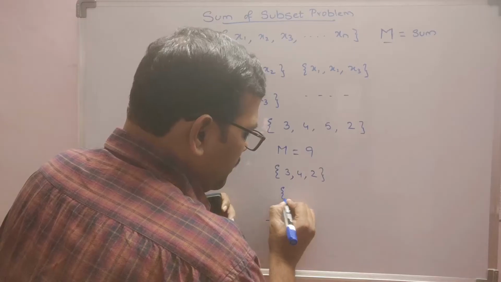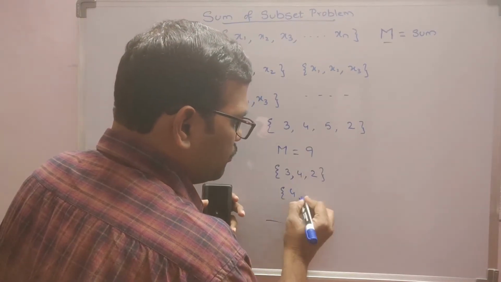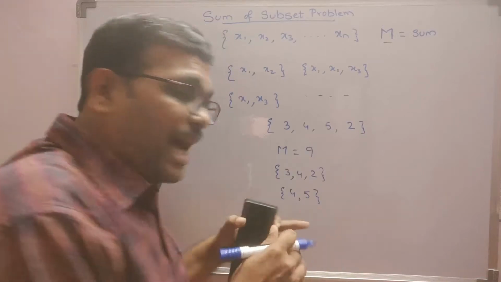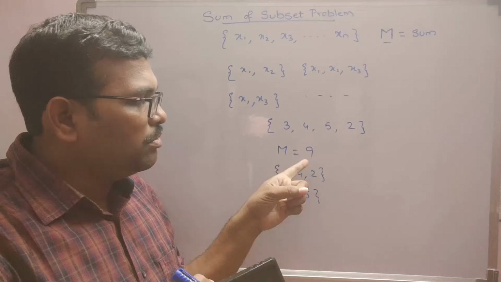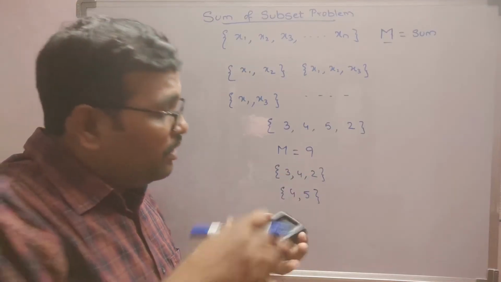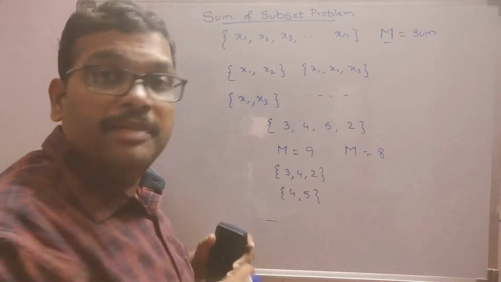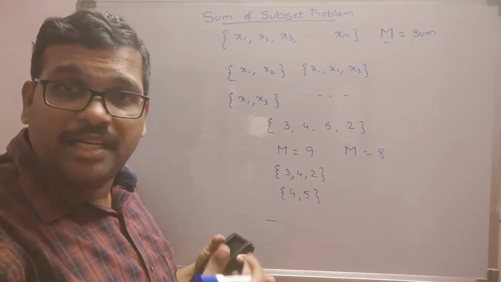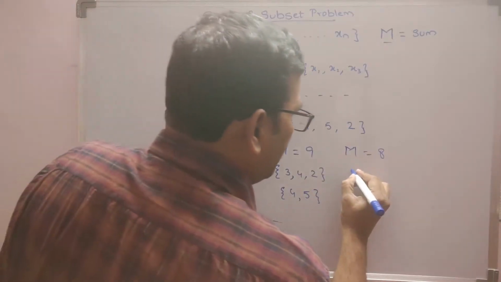Similarly, 4 comma 5 is another subset whose sum is equal to the given 9. If m is equal to 8, we need to form the subsets where the sum of all the elements of the subset must be equal to 8.